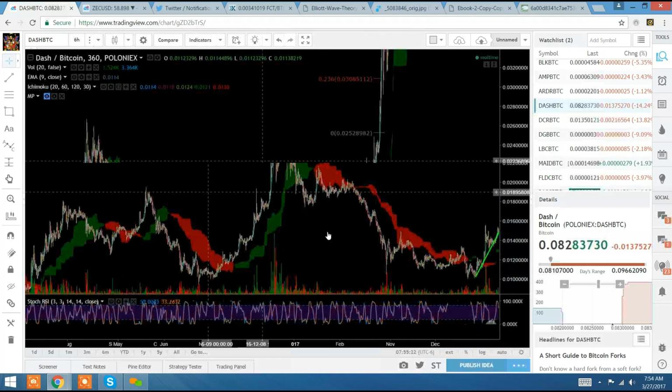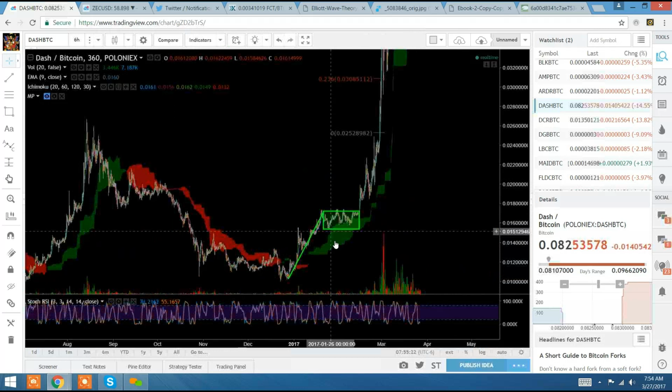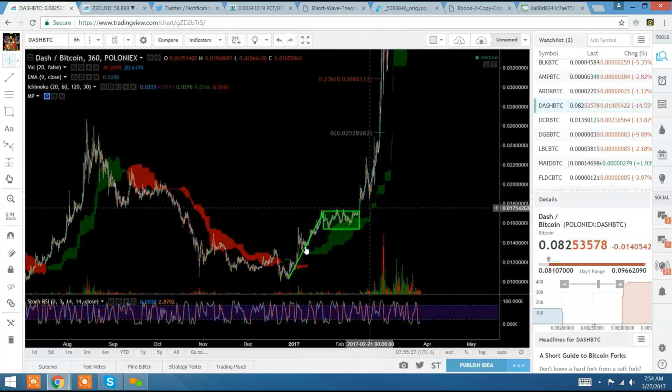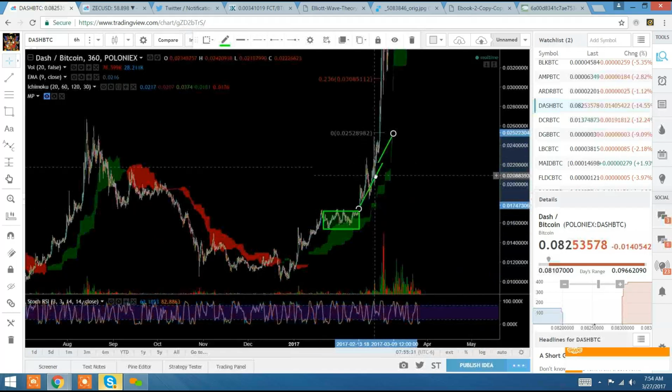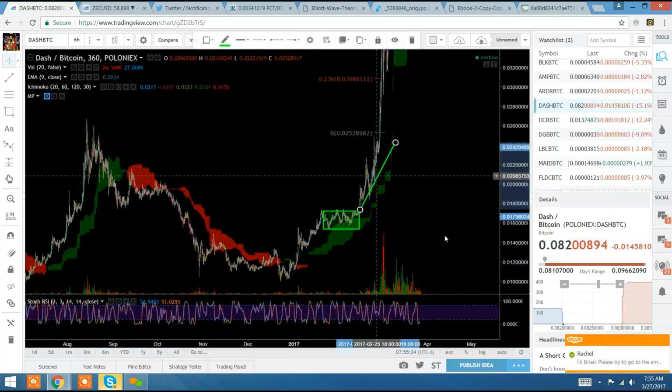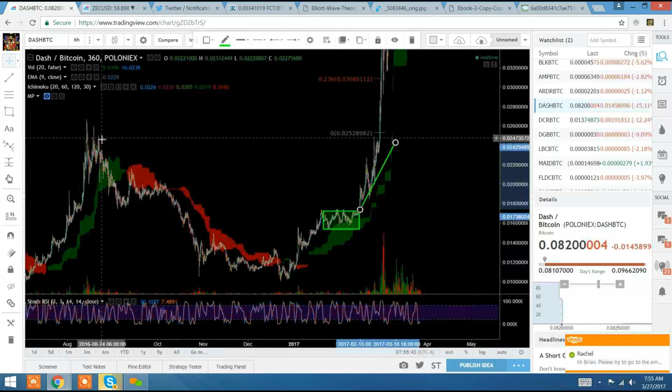When it did that, when we played it, we were expecting the length of the flagpole. Right here, we were expecting this to run up, most likely to here or so. And how did that happen?